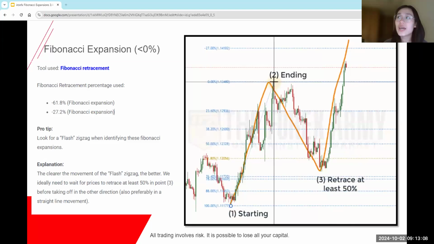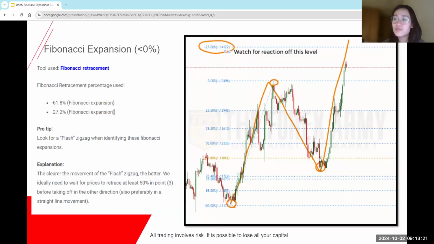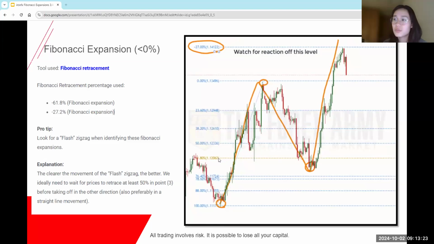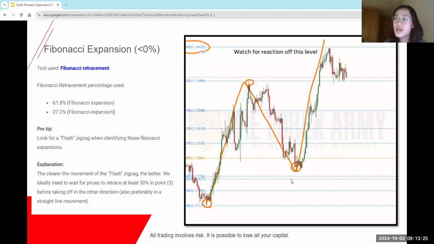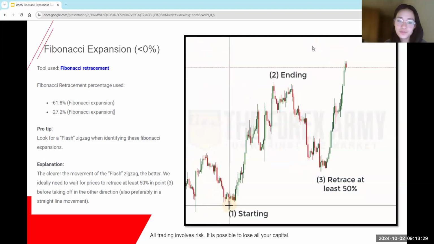You can take a look at the GIF that we have here. We are drawing it from the starting point to the ending point, and we've also drawn out the shape of the lightning bolt or the flash symbol. So it should retrace at least 50%. You can follow from the retracement levels, and then we're looking for a reaction off of the negative level.